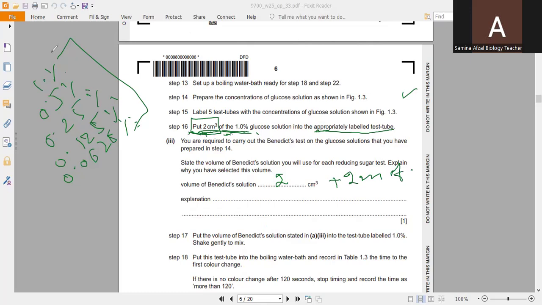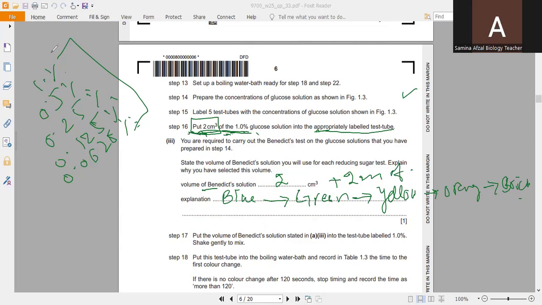Now, after this, if reducing sugar is present, then the color change will take place. That is, it will change from blue to other shades: blue to green, green to yellow, yellow to orange, and orange to brick red.